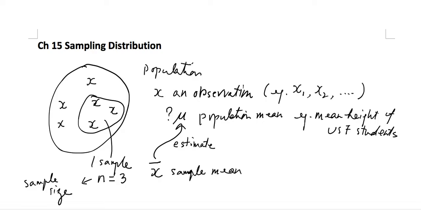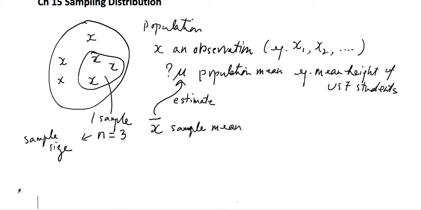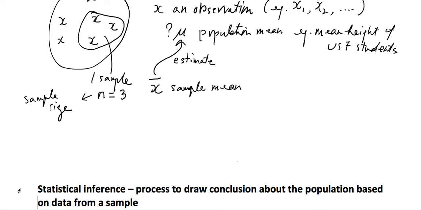I think I have the definition somewhere here. Right, statistical inference is the process of drawing a conclusion about the population based on data from a sample. This is what we're going to do for the second half of the course.